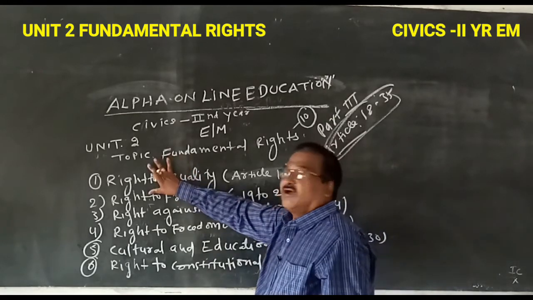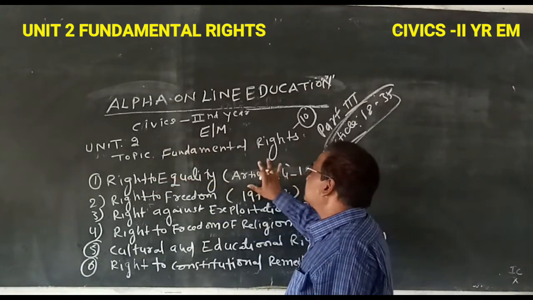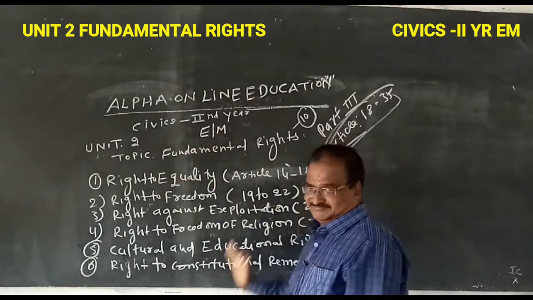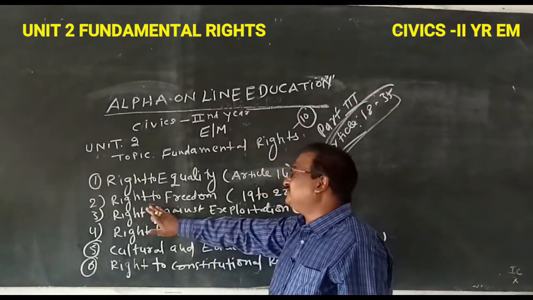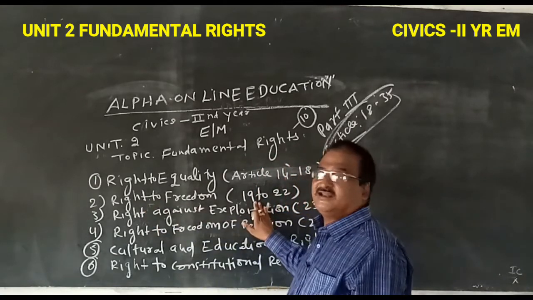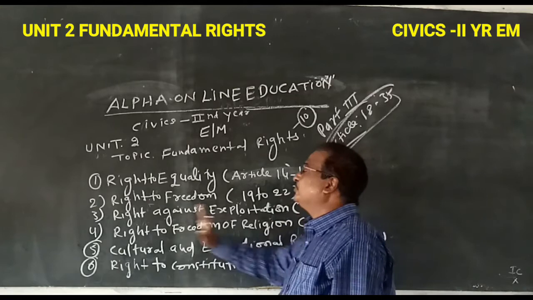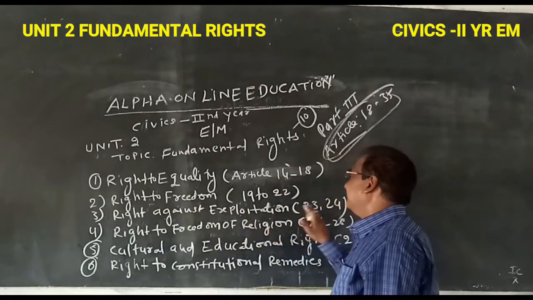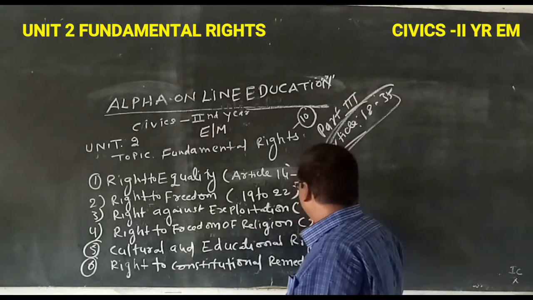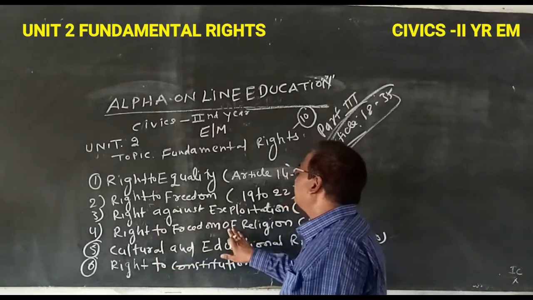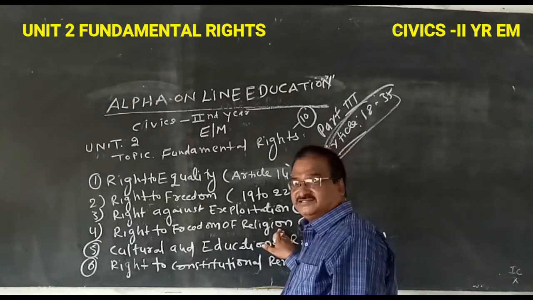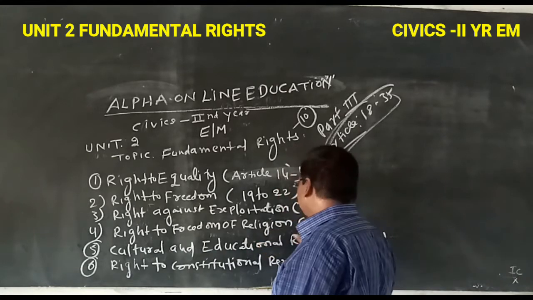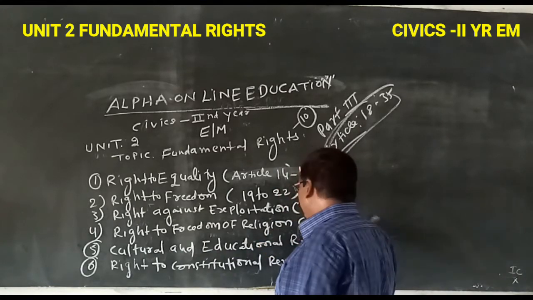The right to equality is Article 14 to 18. The right to freedom is Article 19 to 22. The third one is the right against exploitation, Articles 23 and 24. The right to freedom of religion is Article 25 to 28.